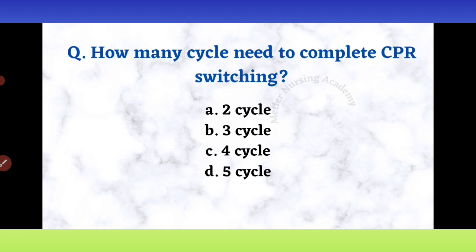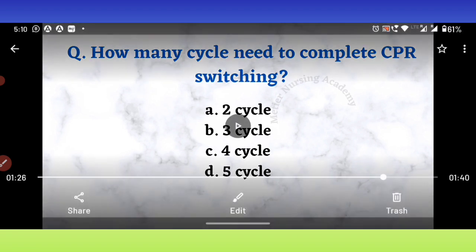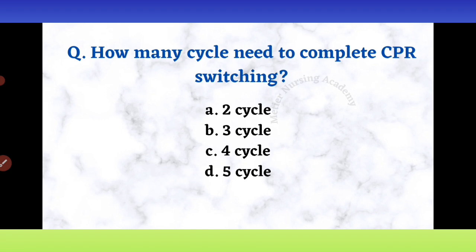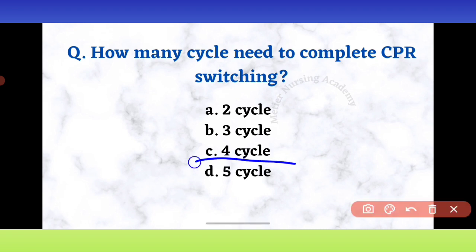After how many cycles of chest compression does the first rescuer have to change, because the rescuer would have become tired from fatigue and cannot give chest compression for a further period of time? That changing is called switching. So after how many cycles does the person giving chest compression have to change? The right answer is option D, that is after 5 cycles the CPR switching has to take place.